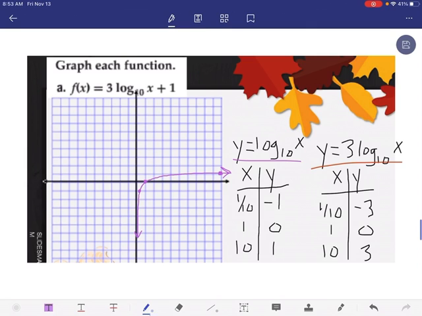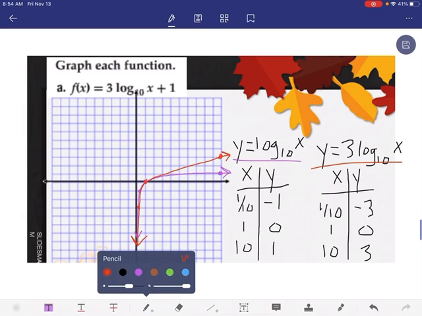So the 1, 0 stays the same because anything times 0 is just 0. But now I have 1/10, -3, and then 10, 3. So notice that it has stretched it up and away from our x-axis.